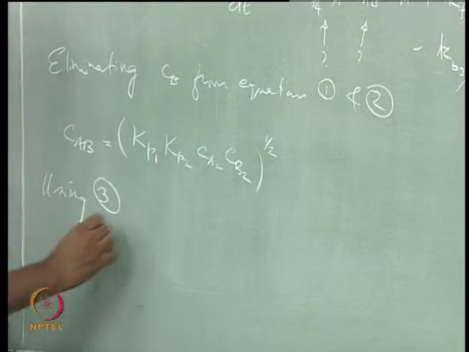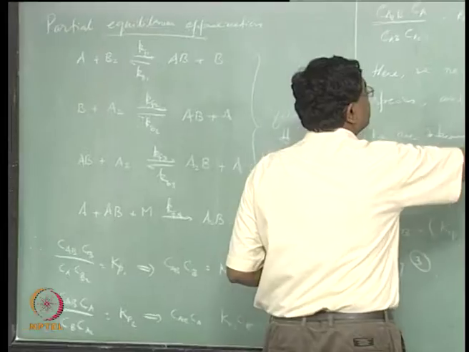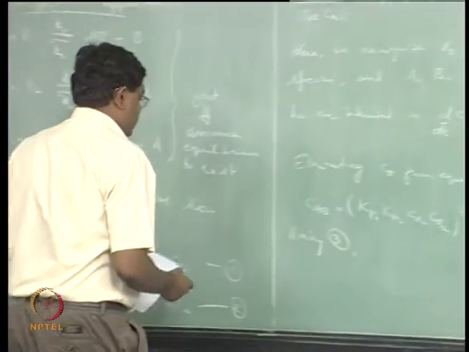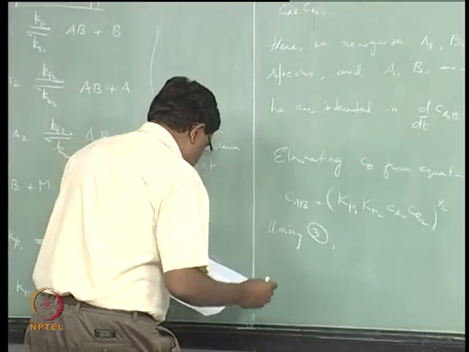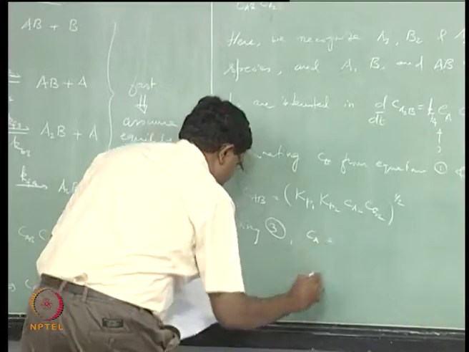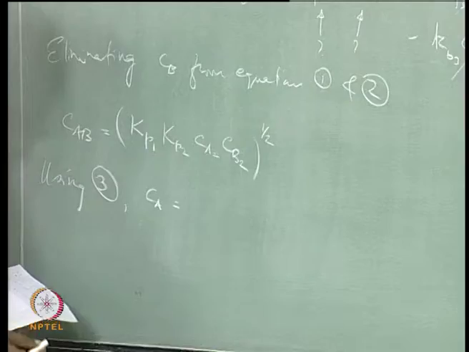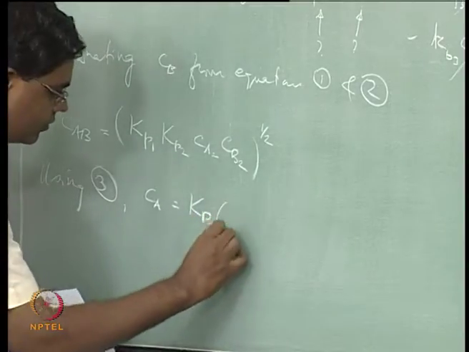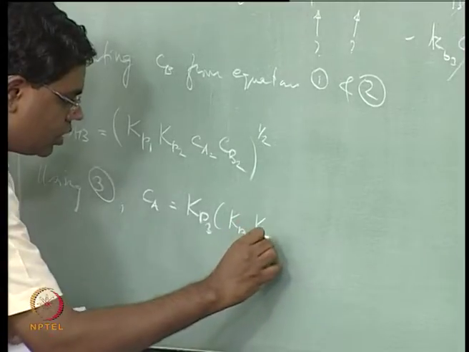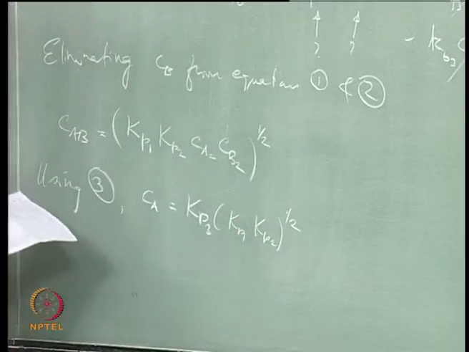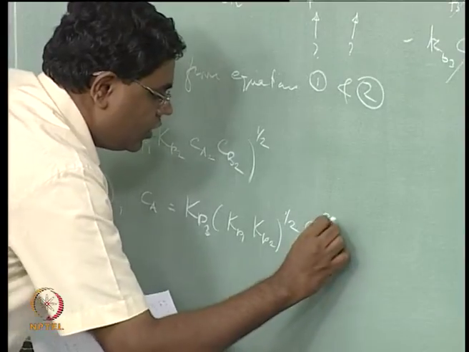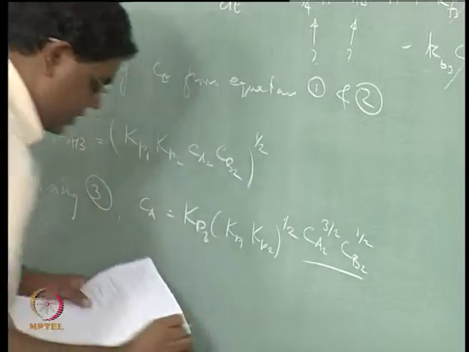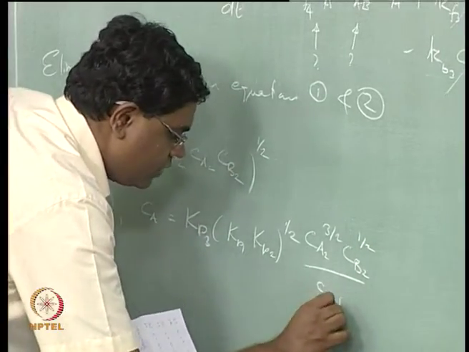We should be able to find there is a CA sitting there, and AB is something there, so we can plug this expression there, and so you can find CA equal to, I am just giving the final answer, KP3 KP1 KP2 to the half CA2 to the 3 halves CB2 to the half divided by CA2B.